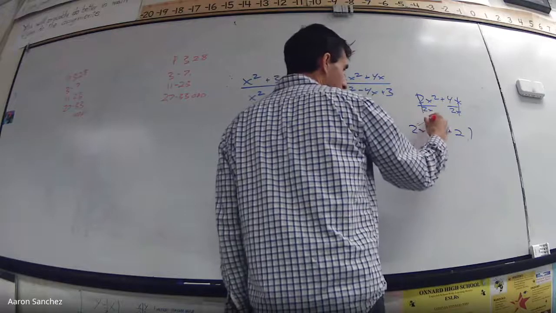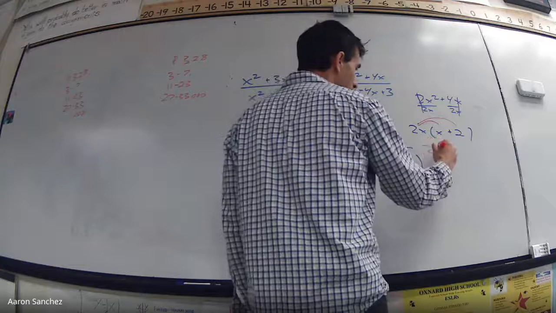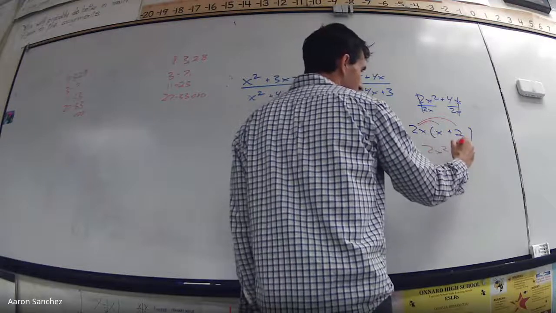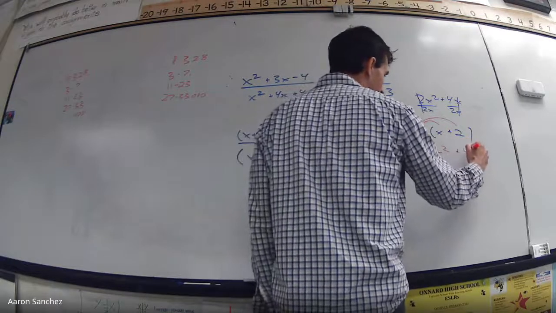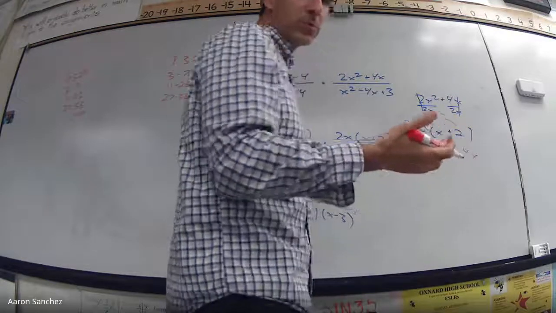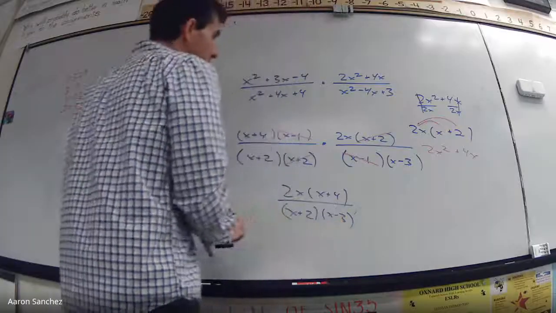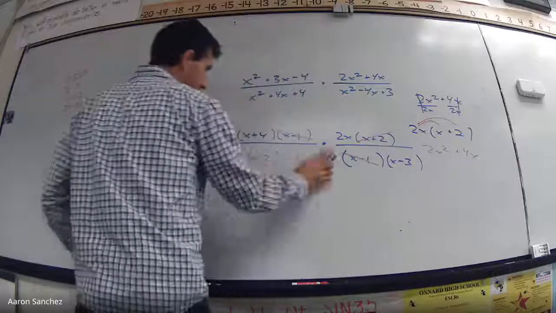You multiply 2x times that and 2x times that. 2x times x is 2x squared, 2x times 2 is 4x. It's like the distributive property, but backwards. Did that help? Yeah, I just wrote the 4 as a 2. Oh, okay. All right, I'm erasing it.